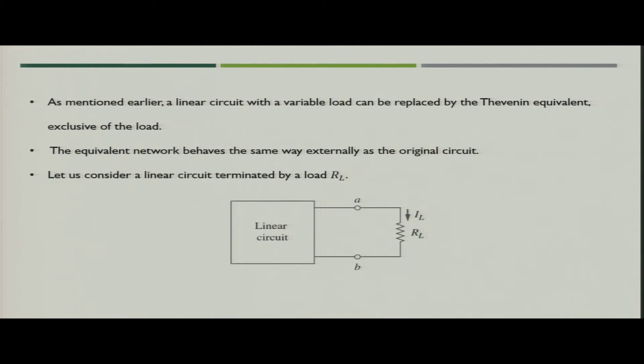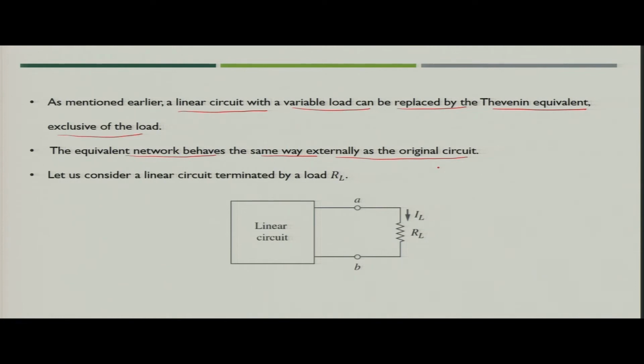Now, as we have discussed, a linear circuit with variable load can be replaced by the Thevenin equivalent excluding the load. This equivalent network will behave the same way as the external circuit is behaving, because you are creating the Thevenin equivalent of the external circuit by keeping the VI characteristic equivalent.